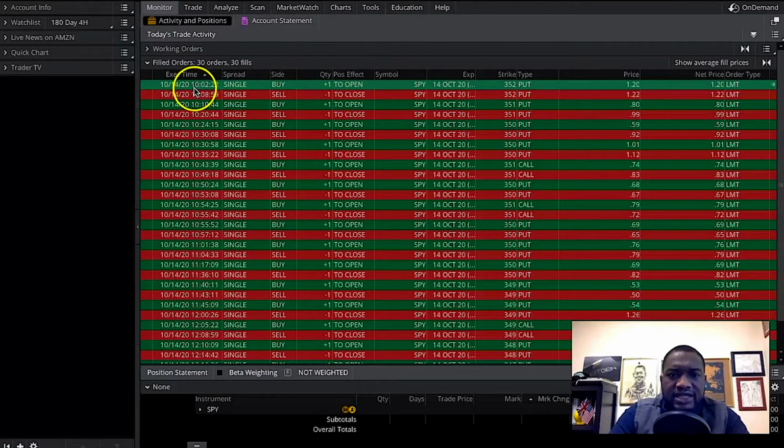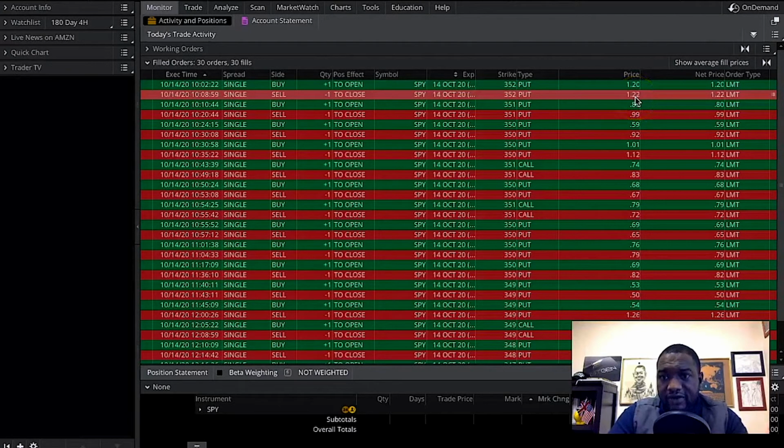First trade was at 10:02 a.m. and I bought this one right here, and it was a put, so I was betting that the stock will go down, which was SPY. I bought it for $120, and I ended up selling it for $122. So I made $2 on that one. That's probably one of those ones that I made $2 on.